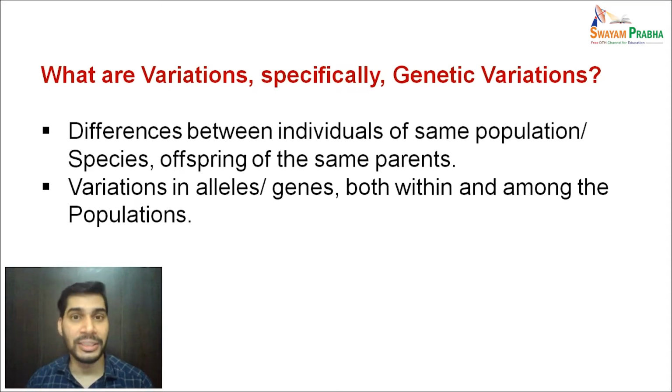In other words, whenever we use the term variation or genetic variation, we are talking about variations that exist in the alleles or the genes both within and among the different populations. So whatever differences exist in terms of alleles or genes between individuals belonging to the same parents, or to the same population or species, they come under variations.